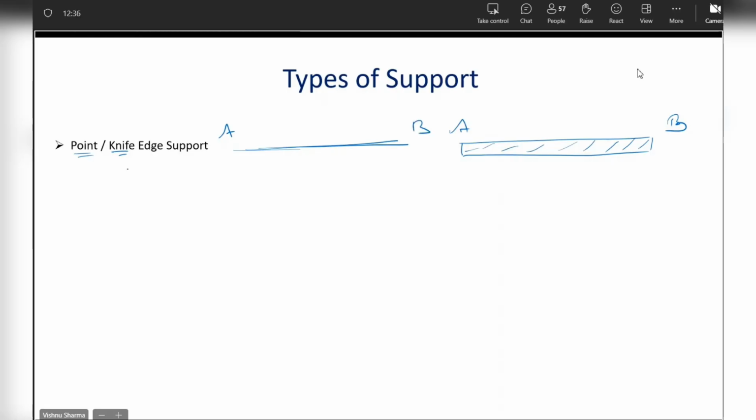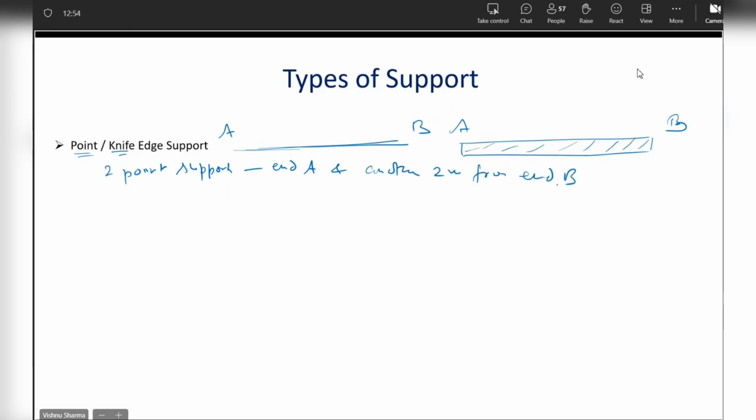Let us say we have 2 point supports, one at end A and another 2 meters from end B.